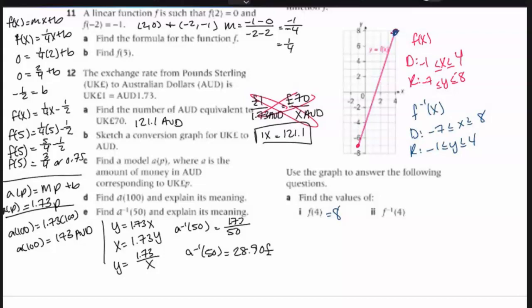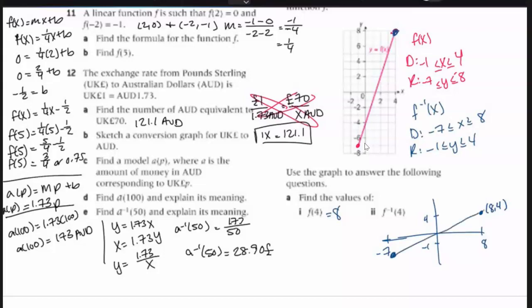So in this case, for example, this point would be 4, 8. Well, instead of having 4, 8, I'm now going to switch my input and output values, and I'm going to have a point that is 8, 4. And instead of having this endpoint be -1, -7, it is now going to get switched around and be -7, -1. And then just connect those points.